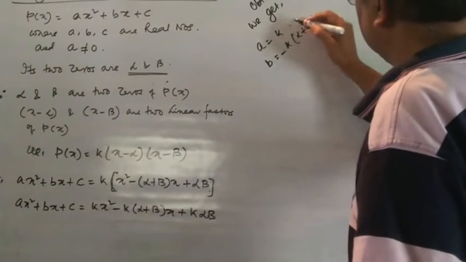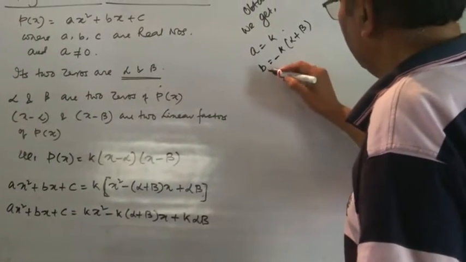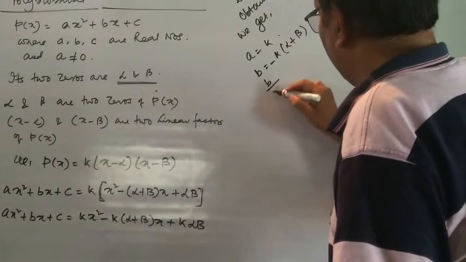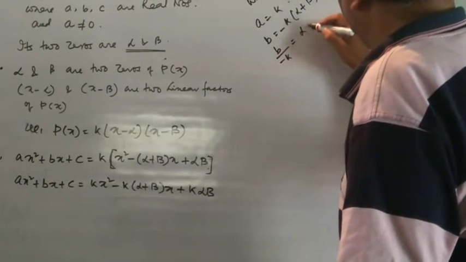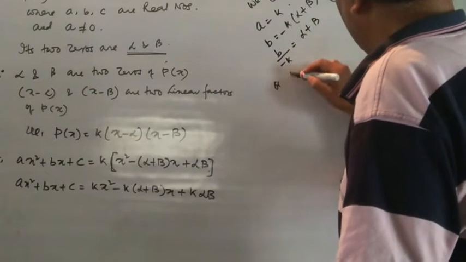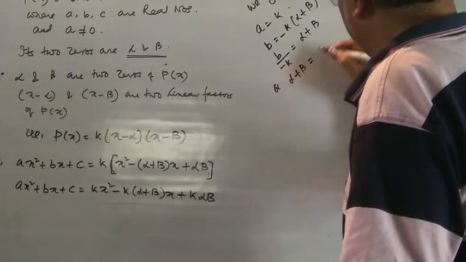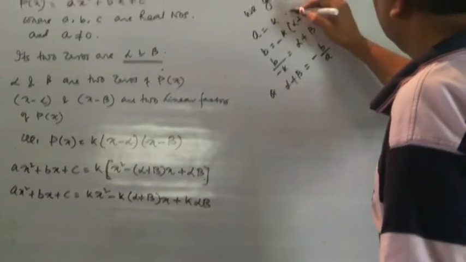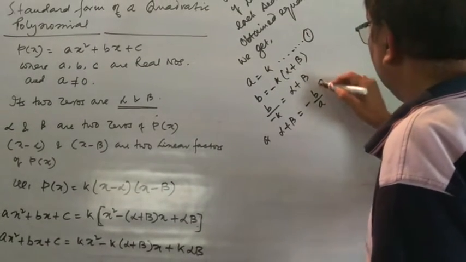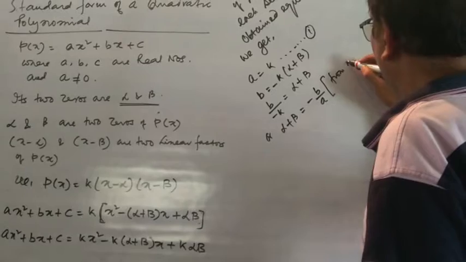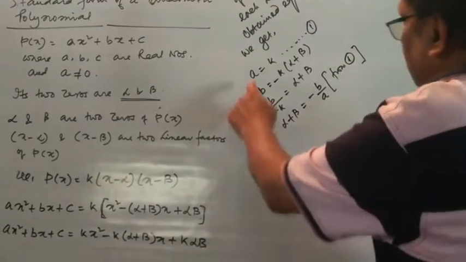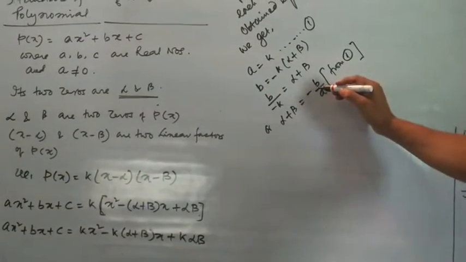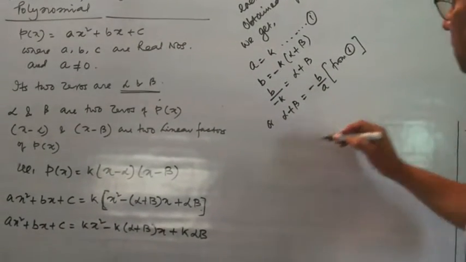Since a equals k, then b equals minus k(alpha plus beta), or b by minus k equals alpha plus beta. From 1, we have put the value of k equals a, so alpha plus beta equals minus b by a.